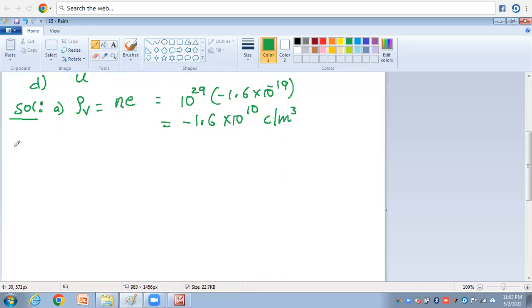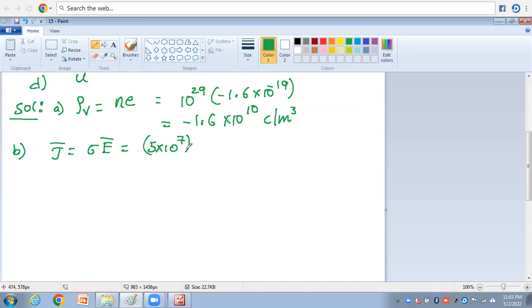The second bit is current density, denoted with J bar, equal to sigma E bar. Sigma is given as 5 into 10 to the power of 7 by the examiner.